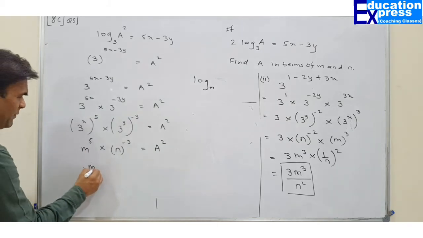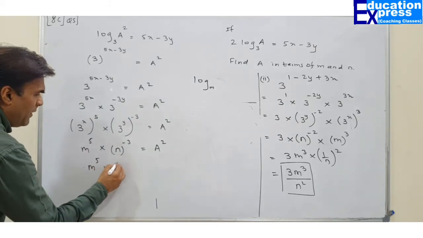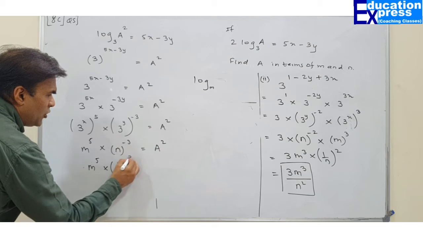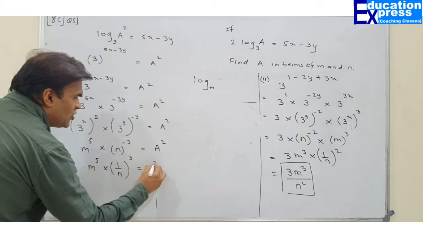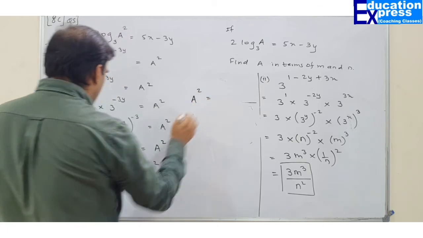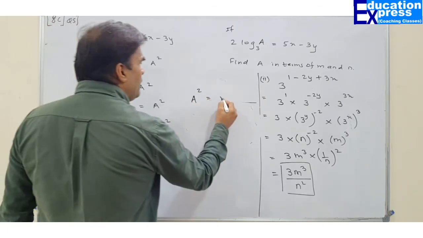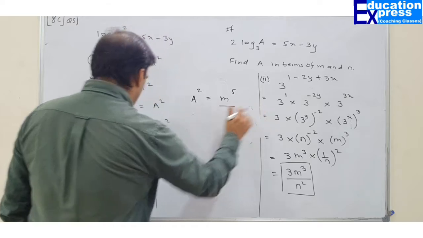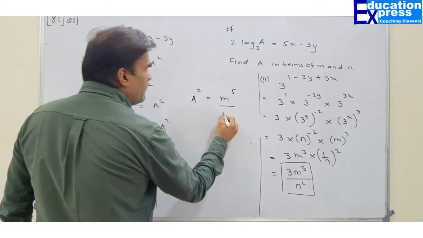So this is m raised to 5 multiplied by 1 upon n cube equals a square. So what is the value of a square? a square equals m raised to 5 upon n raised to 3.